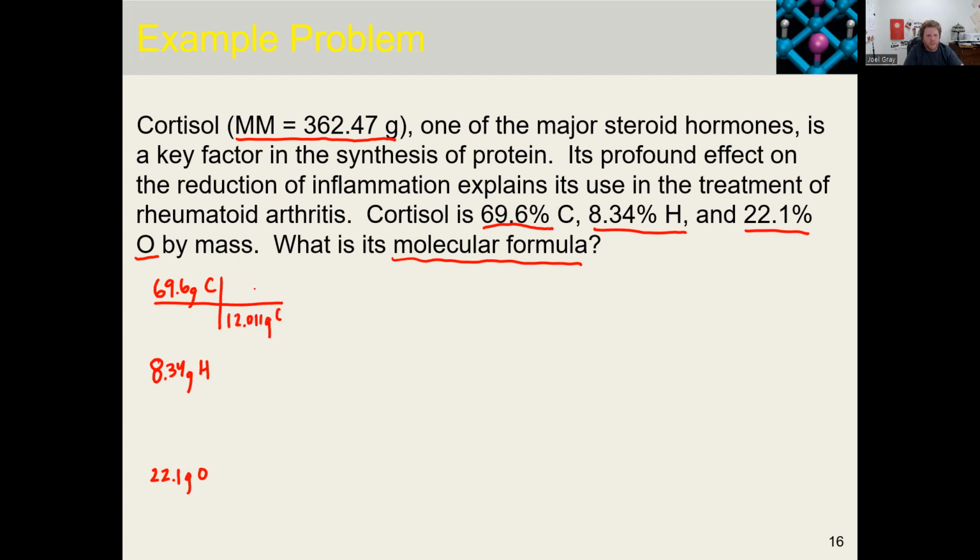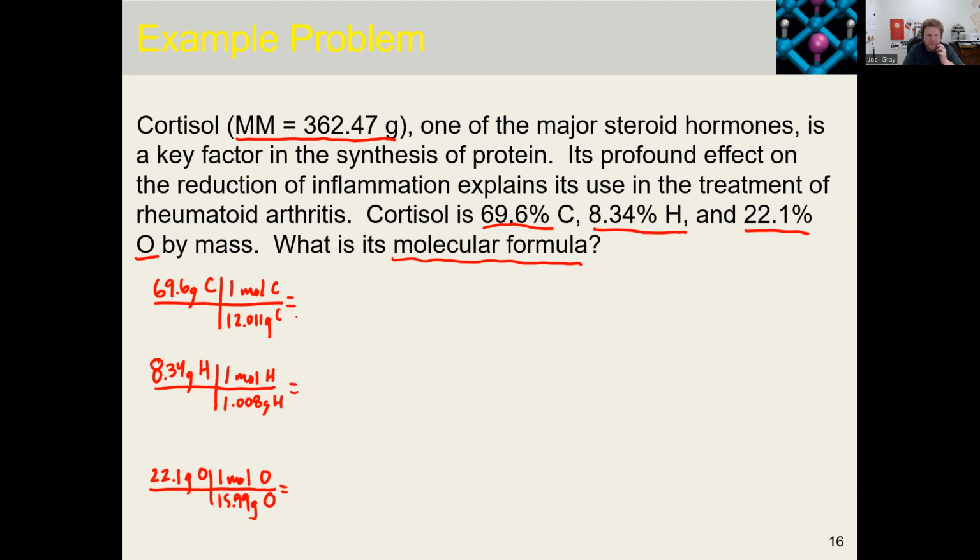12.011 grams carbon is 1 mole carbon. 1.008 grams of hydrogen is 1 mole of hydrogen. And then our last one, 15.99 grams of oxygen is 1 mole of oxygen.